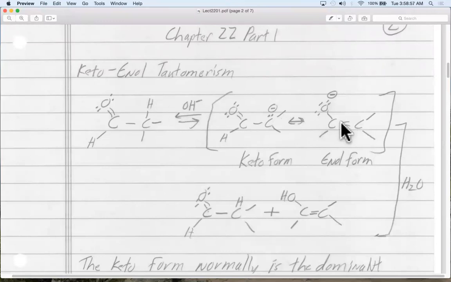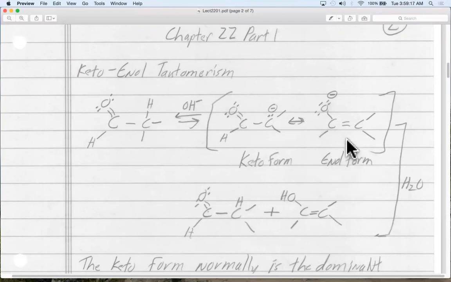Again, we said that we have this resonance structure form. Again, this resonance structure is basically where this pair of electrons comes down and the pair of electrons on the double bond go up to the oxygen. This is called the keto form because it contains a keto group.